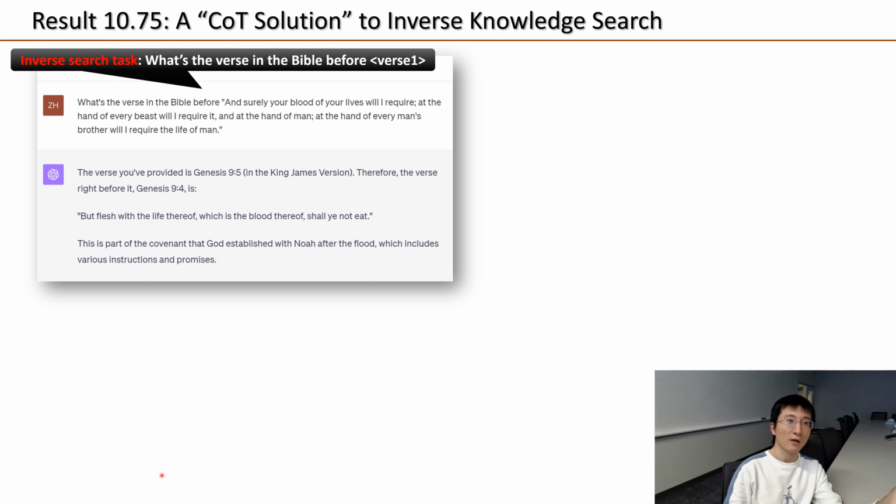Originally, I was actually thinking of using this as a counterexample to GPT-4, but then I noticed that GPT-4 is capable of answering this inverse search question with very high accuracy, more than 95%. And here is how it manages to do so. It actually uses chain of thought as a way to do this inverse knowledge search. Let me explain what this means.